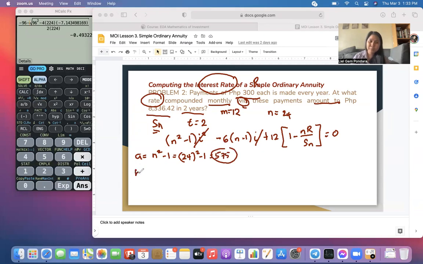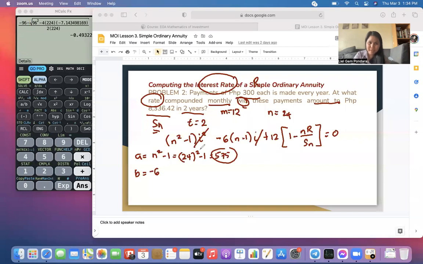Next, what will be our b? What's our b? Negative 138. Okay, very good. That's negative 6.